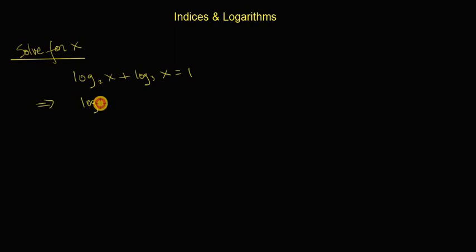So log base 3 of x divided by log base 3 of 2 plus log base 3 of x equals 1. There's going to be a lot of working with this in power terms. I'm going to let y equal log base 3 of 2. This is only for convenience, okay?